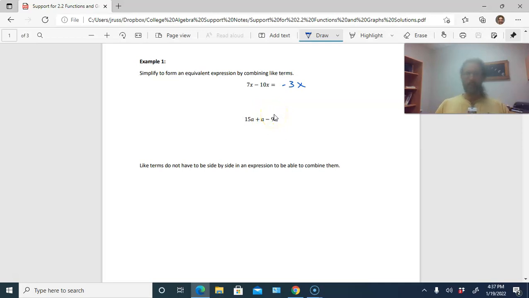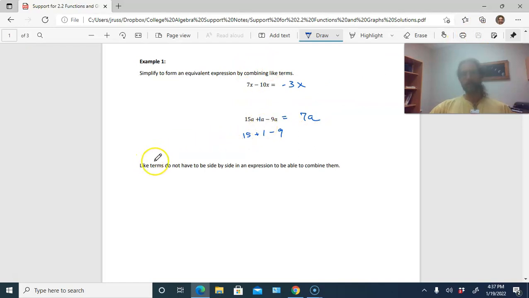Since these are all like terms, they all have just one factor of a, you can just figure out what 15 plus that understood coefficient of 1 minus 9 is. So 15 plus 1 is 16, and 16 minus 9 is 7. We've got to keep that variable. So 15a plus 1a minus 9a is 7a.